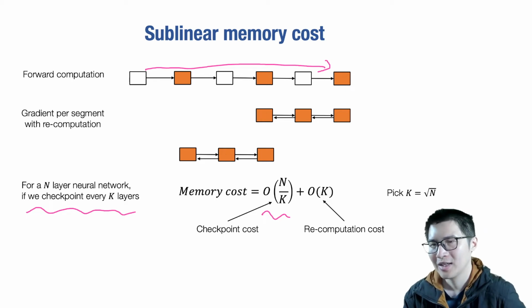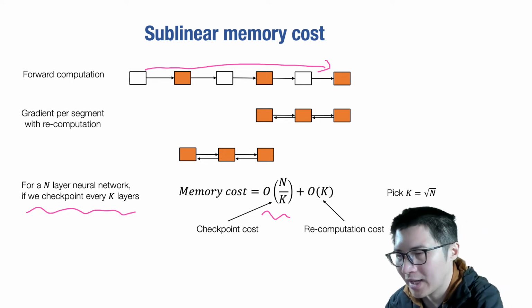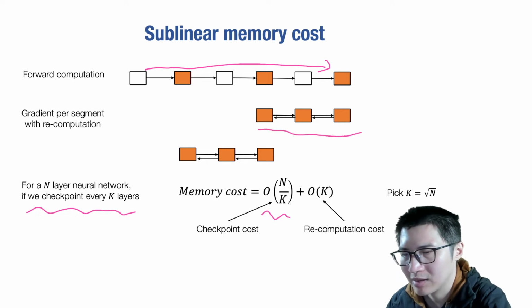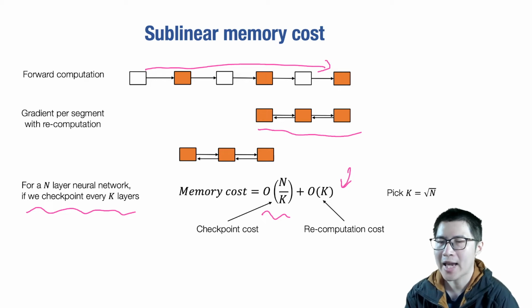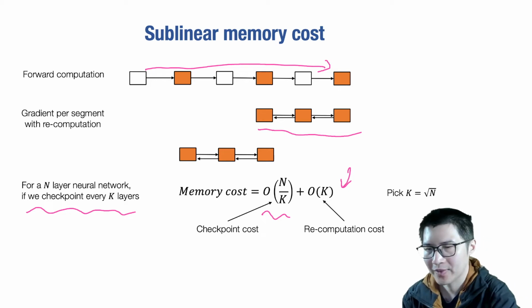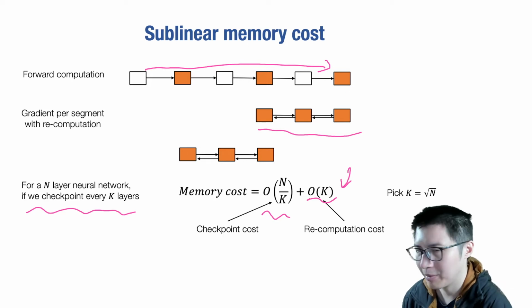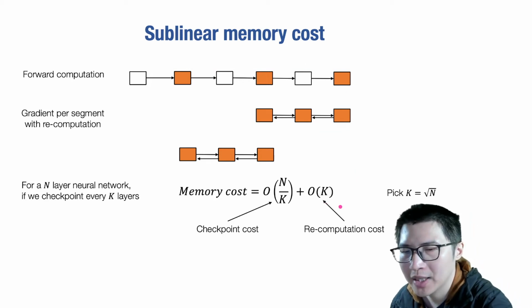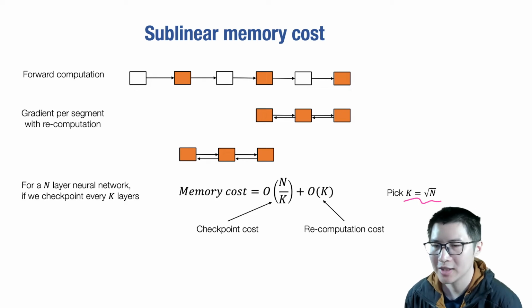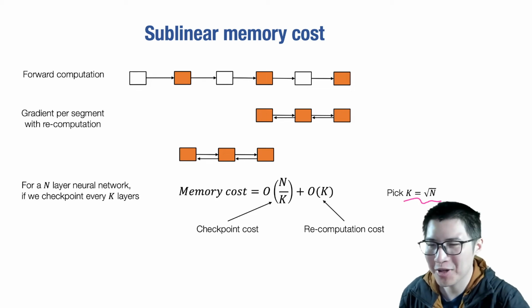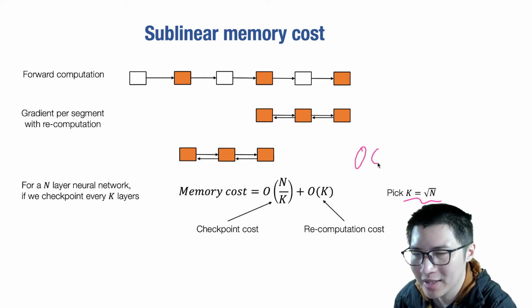Of course, because the length of the segment is k, in order to do recomputation, we will need to have O of k memory cost in here. So if you look at this formula, if we go ahead and pick k equals square root of n, one amazing thing here is you can find that my overall memory cost is O of square root of n.